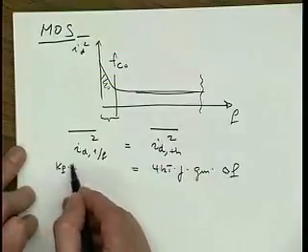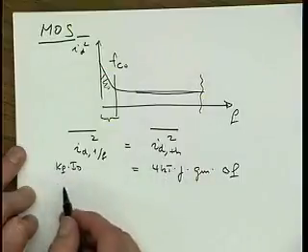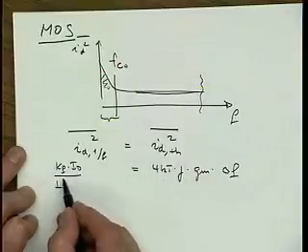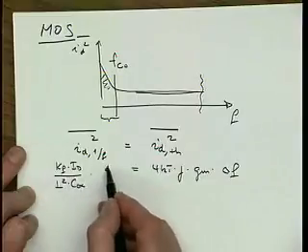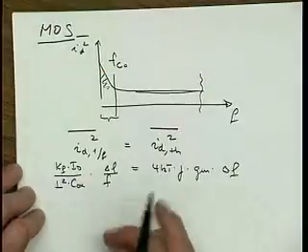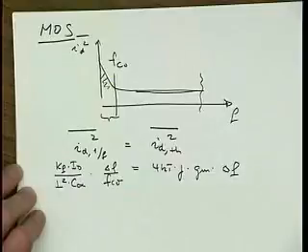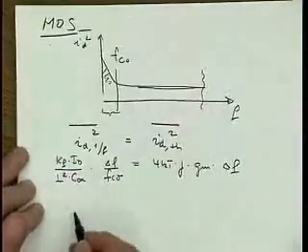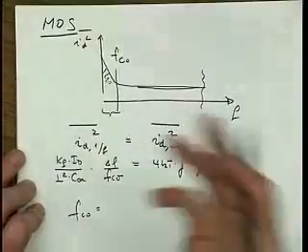Kf times ID, and I certainly know this one by heart, but I actually keep forgetting this one, over L square times Cox times delta F over F. And now when they are set equal, then by definition this F is now at the F corner frequency. So all we have to do is solve for this F corner frequency, and the expression is also listed on the slide as well.